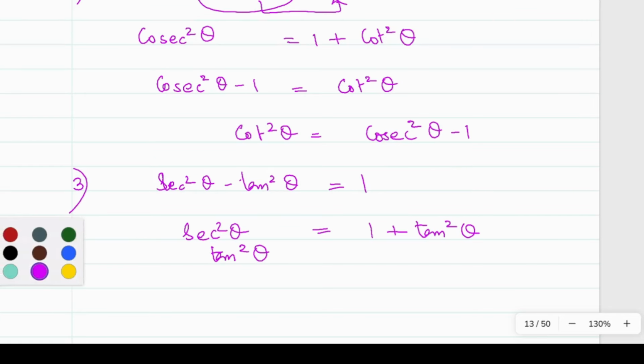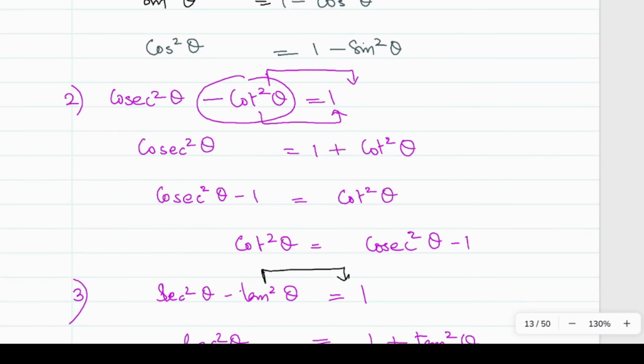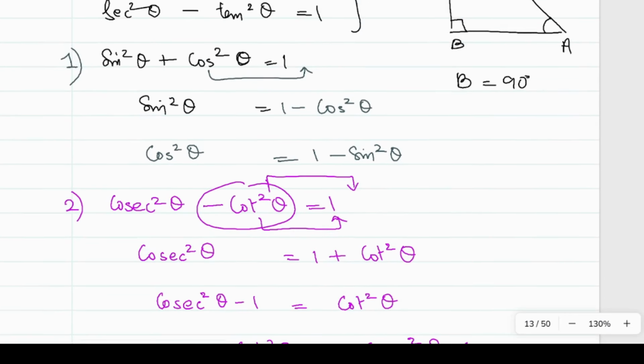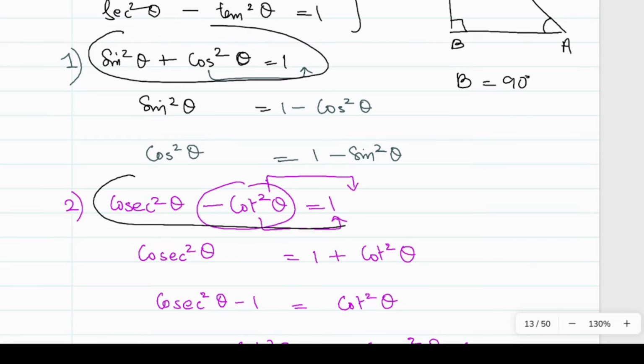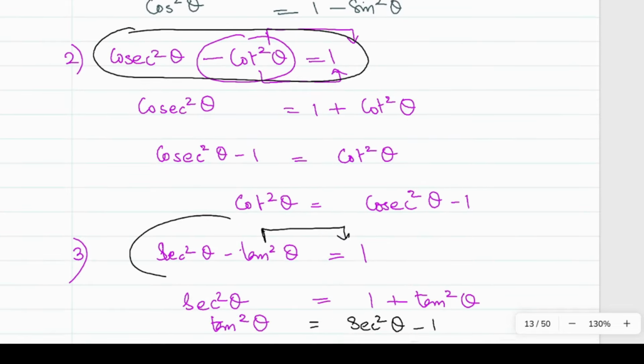If I take this tan²θ to the opposite side, I will get tan²θ equal to sec²θ minus 1. So in total, we have 3 values from this one, 3 equations from the next, and 3 from here also. Total, we will have 9 equations.